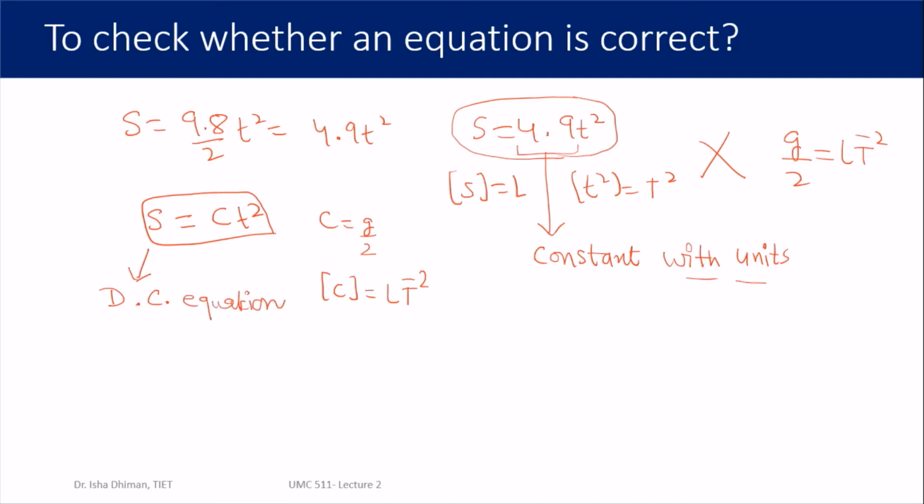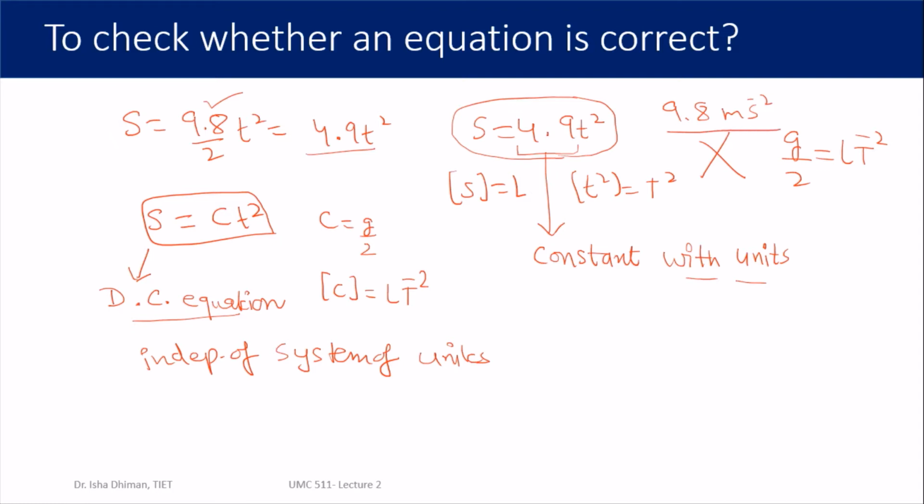And now we talk about the fact which I just told you, that a dimensionally correct equation should be independent of the system of units. So this 9.8 was making sense only for those equations because it was 9.8 meter per second square.